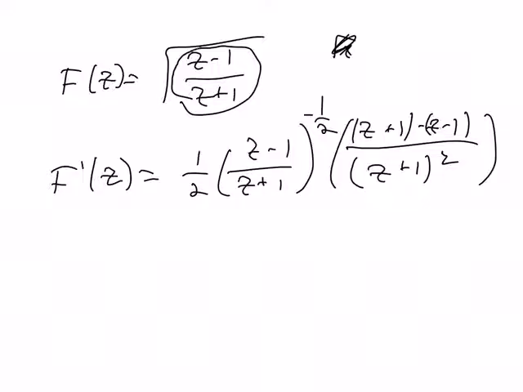So again, we took the derivative of the outside part, so we dropped a half here, got a negative over here, kept the inside function the same, took the derivative of the inside function with the quotient rule, and that's that.